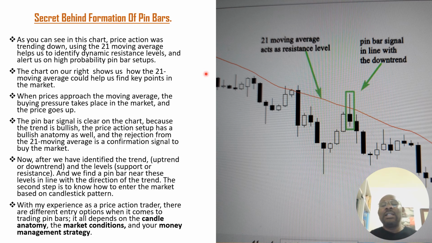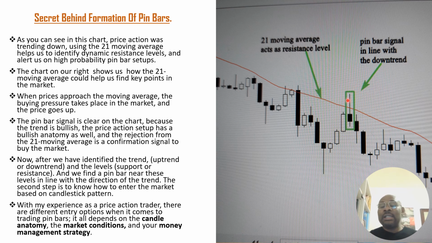Like from here, the current trend is a downtrend. Then you open your chart and you see that it is retracing. Now, maybe you don't have time to wait until it finishes the retracement or the pullback.